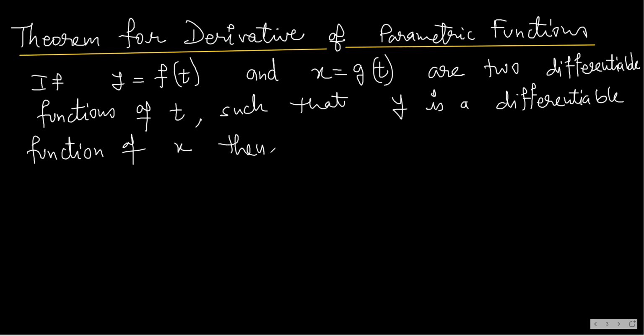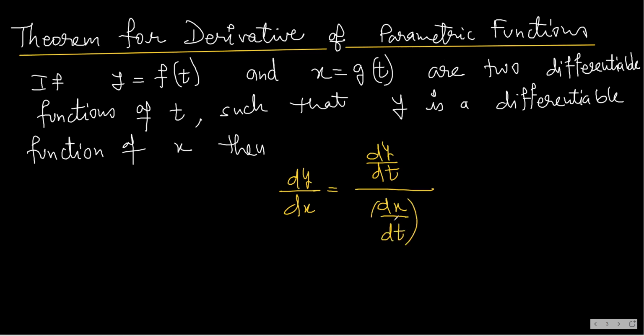Then dy by dx is equal to dy by dt upon dx by dt, where dx by dt shouldn't be 0. It shouldn't be 0.